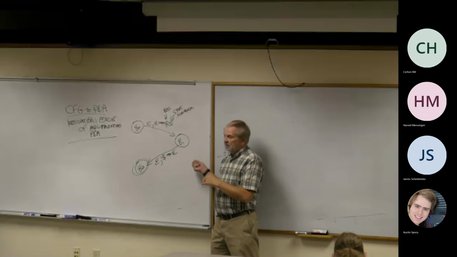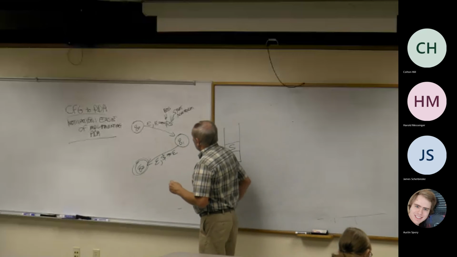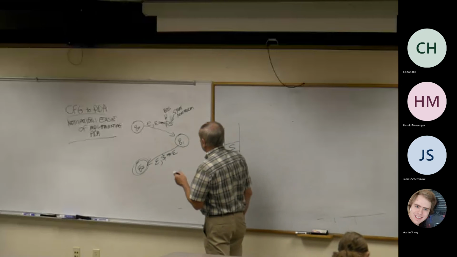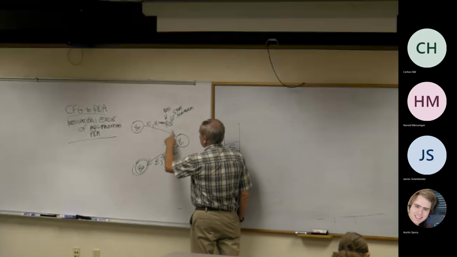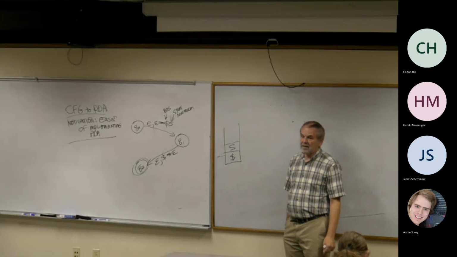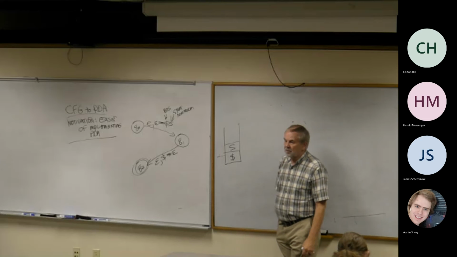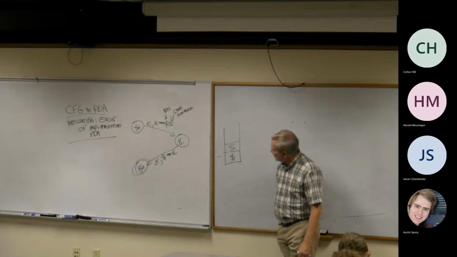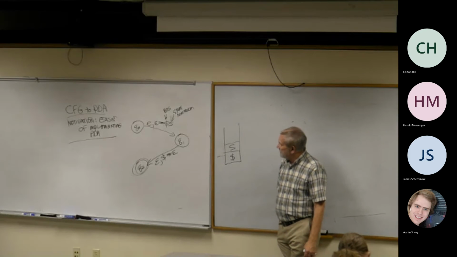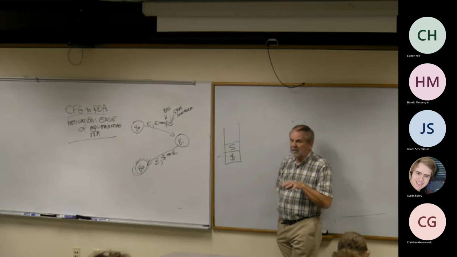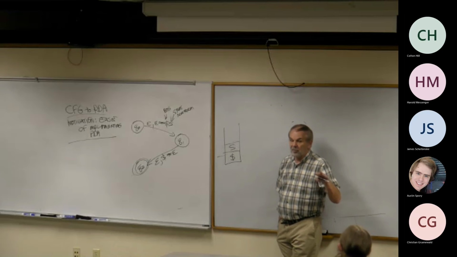So if there are any letters left over, and there's no way to use them up, then it fails. There's no way to accept. And we're counting on the non-deterministic nature to pick the right rule, right? So we go back to the non-deterministic idea that if there exists a path that can move us along and accept only strings that are within the language defined by the CFG, then it will find it.